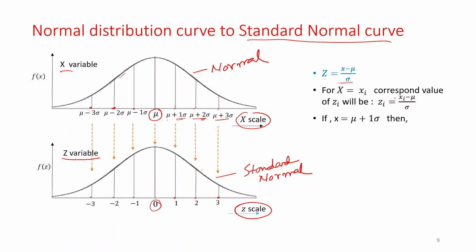So when x equals xi, the corresponding zi will be xi minus mu by sigma. If I take x as mu plus 1 sigma, what will be the corresponding z, let us say z1? This particular equation will be used. We replace x by mu plus 1 sigma and then minus mu by sigma. So this is going to be 1.